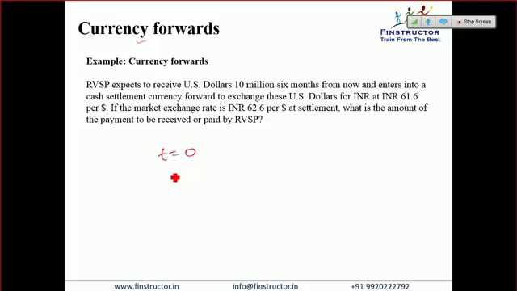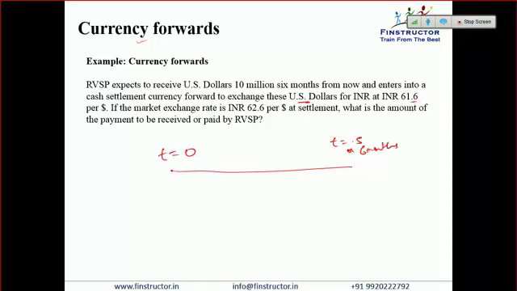So we are at t equal to 0 and at t equal to 0.5, or you can say 6 months, this company expects to receive $10 million. And enters into a cash settlement currency forward to exchange these US dollars for INR at INR 61.6.